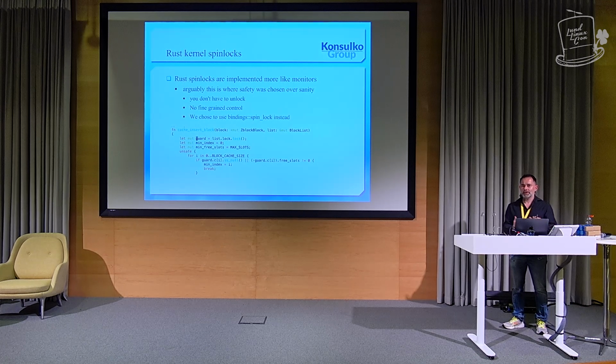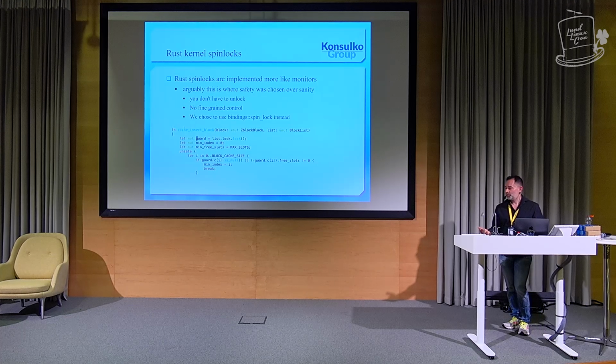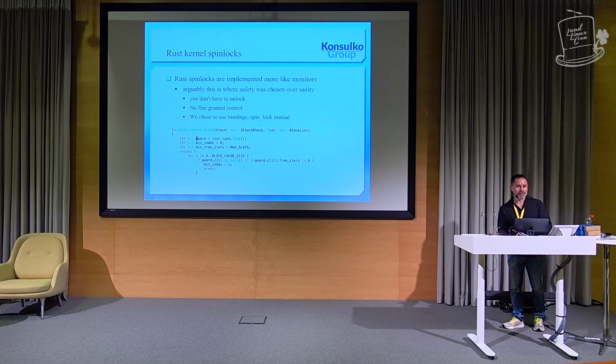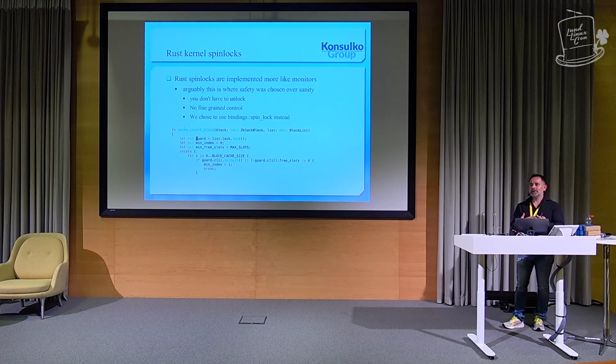So a spin lock is effectively a mutex which does the mutual exclusion by spinning and disabling preemption. So the idea of the mechanism is to have a clear lock and unlock, and whatever is in between, we sort of know that it's safe.